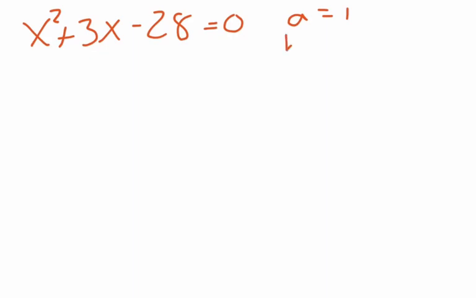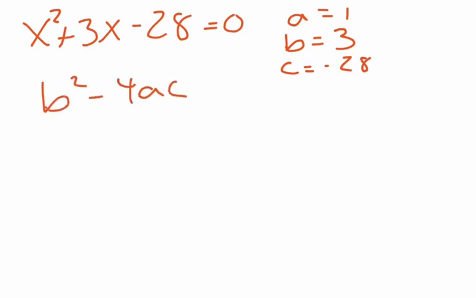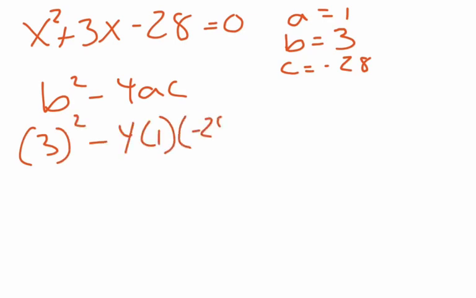So the first example was x squared plus 3x minus 28 equals 0. A is equal to 1, B is equal to 3, and C is equal to negative 28. If you just do b squared minus 4ac, we have 3 squared minus 4 times 1 times negative 28.